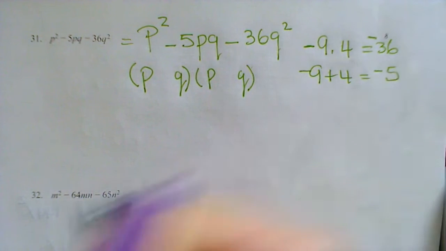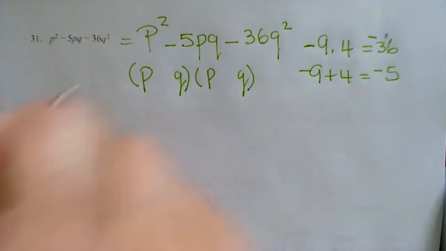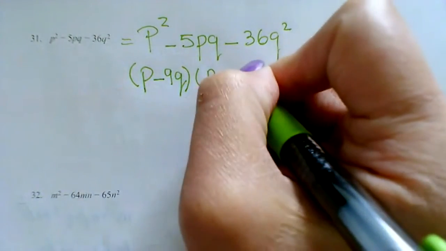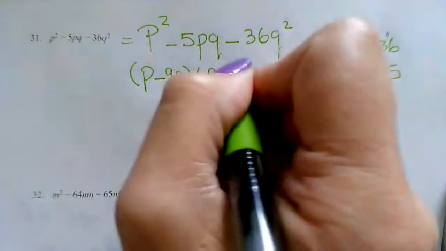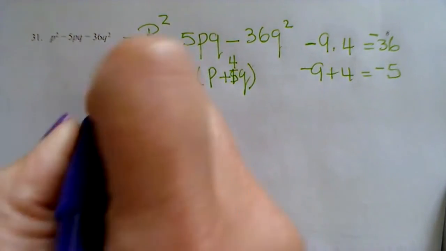I get negative 5. You see? So then it's going to be negative 9, and this is going to be positive, sorry, positive 4.